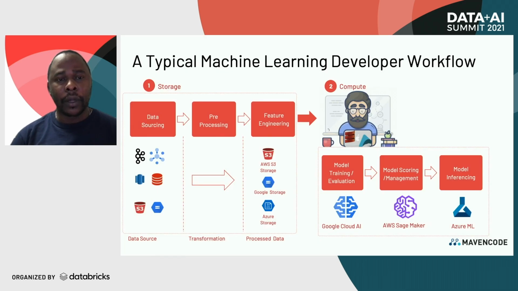So going back to that workflow again, imagine this is what we have, where you have your storage, you have your compute, and we go in, pull all this data, run a compute on it, and try to get a result.